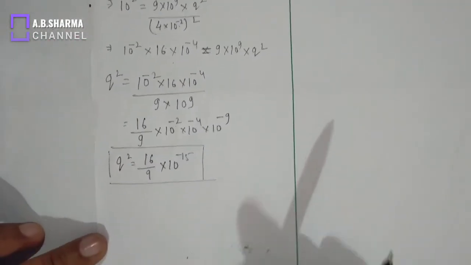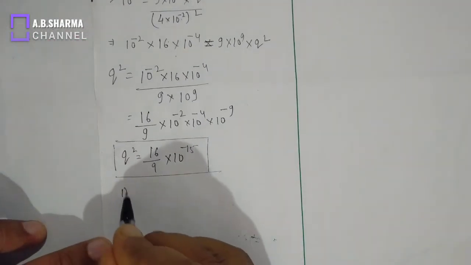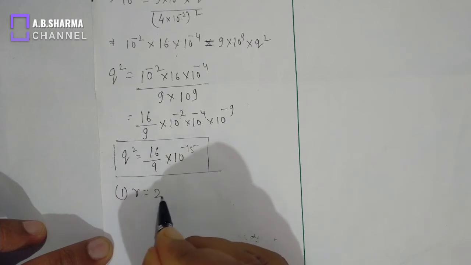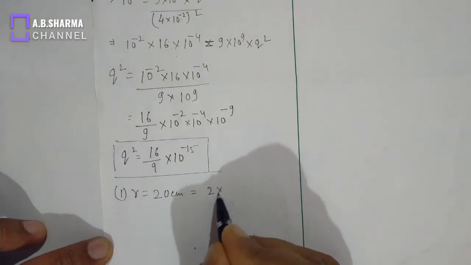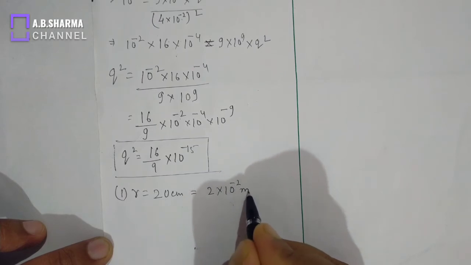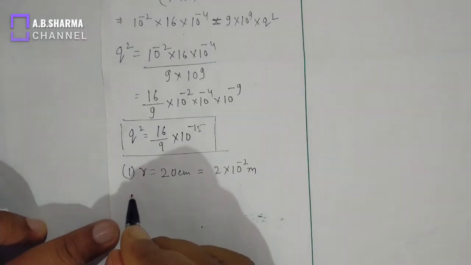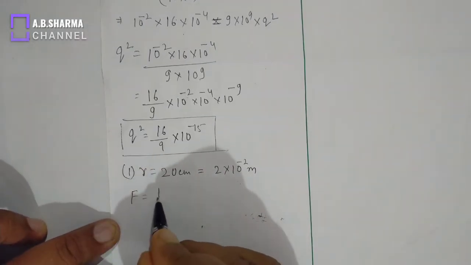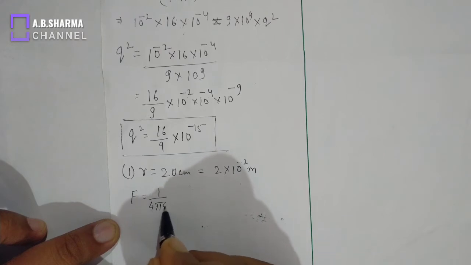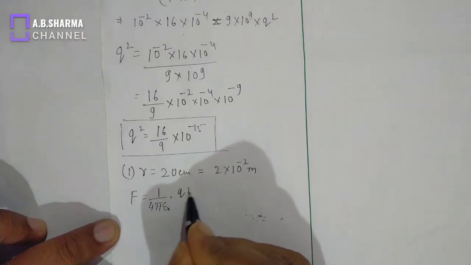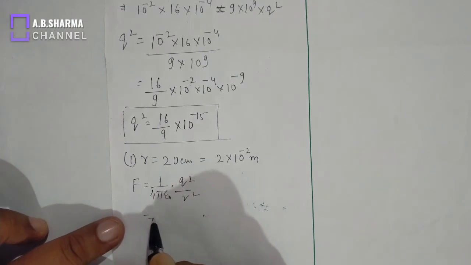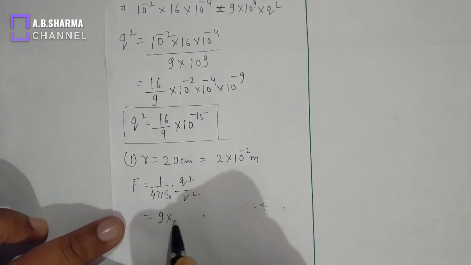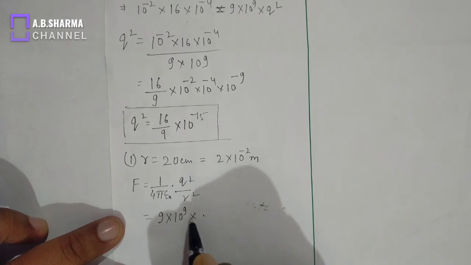Solve the first question. First question is that when R equals 20 centimeter, means 2 into 10 to the power minus 2 meter. Find the force. Force equals, we know that 1 by 4 pi epsilon naught Q square by R square, since both charges are same. Put the values. The value of this constant is 9 into 10 to the power 9, R square.